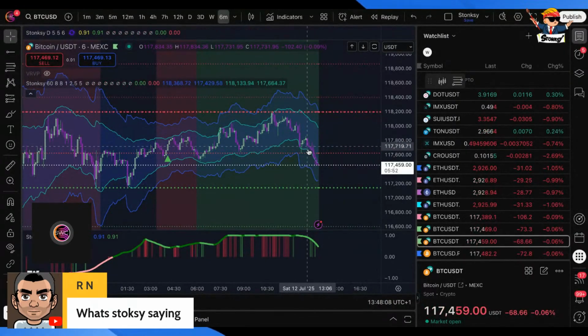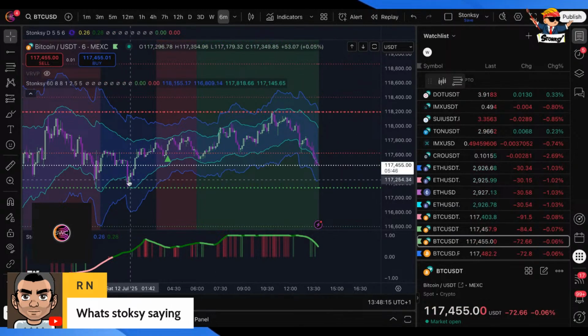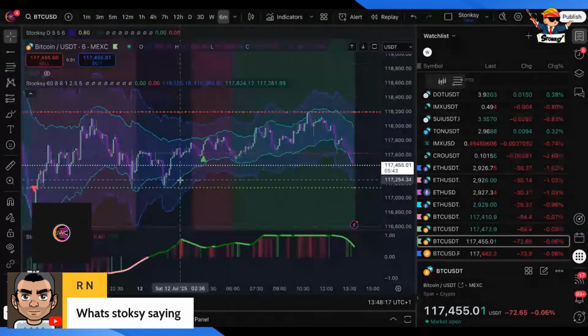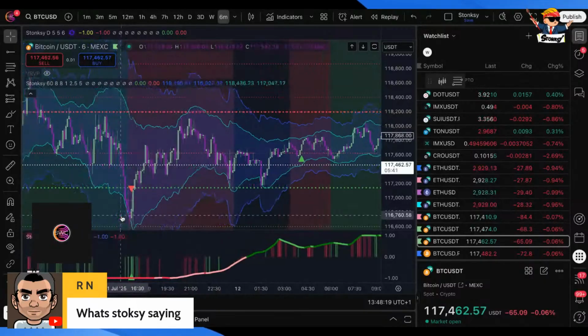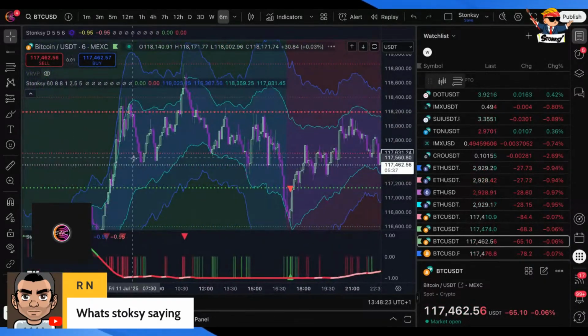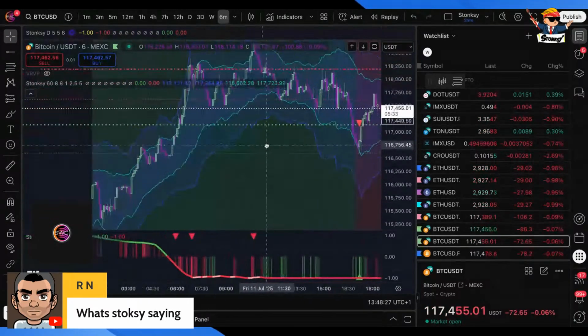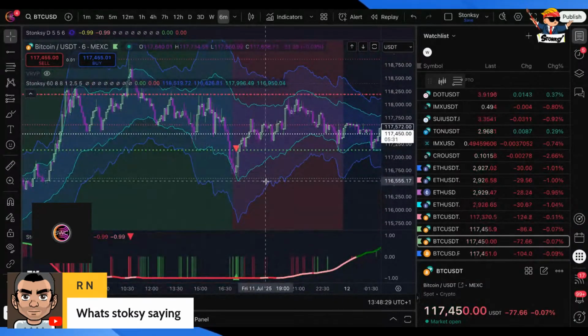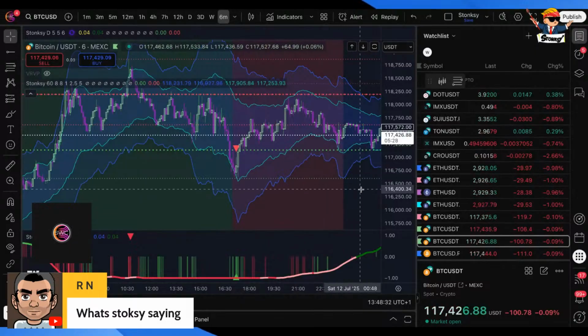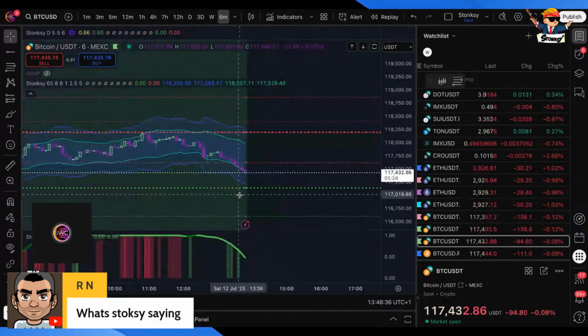That said, we're at the bottom of this Stonksy channel, so normally it hits that and then bounces off, just like it did here, here, here. Get the idea? When it touches that inner band, it tends to bounce off. So I think we're probably looking at a little bit of a bounce right now, but we'll see what happens.